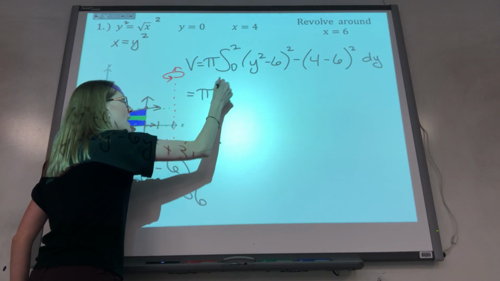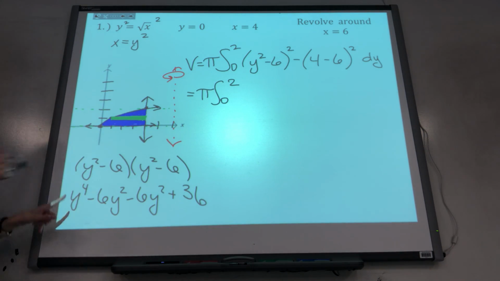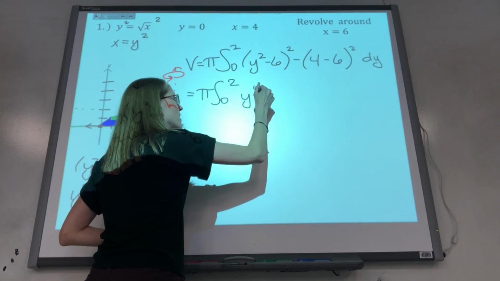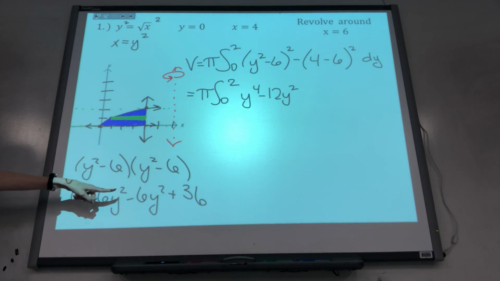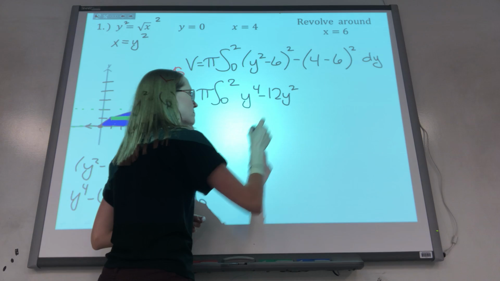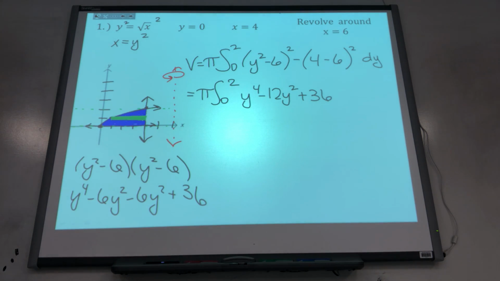So if I put that back in for that first part, it's y to the 4th minus 12y squared plus 36.